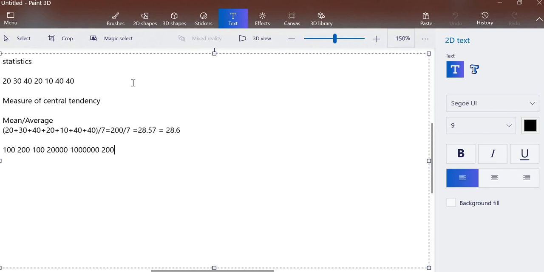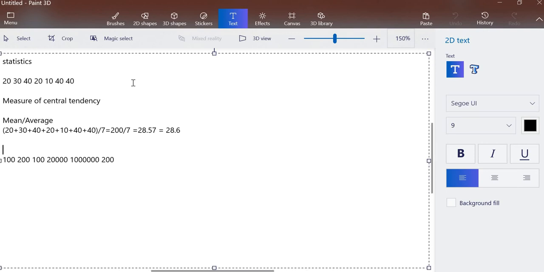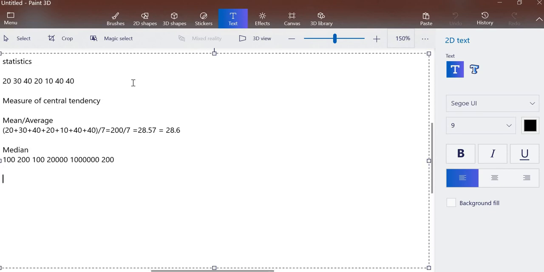So if the salary is being asked, and again the same situation is there, the person wants to know a single number, we can't say the average number. Why? Because there are maximum people like 100, 200, another one is 100, another one is 200. So 4 among the 6 people have the salary in hundreds, and two people have the salary of 20,000 and 1 million.